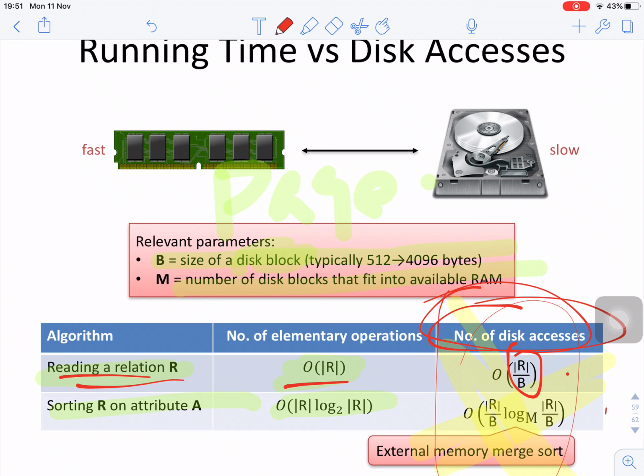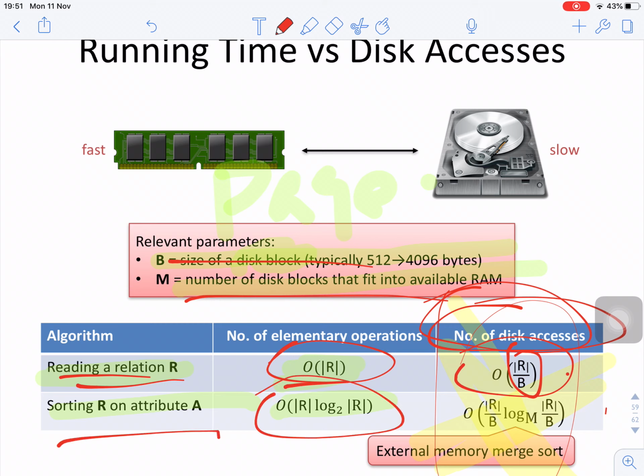B is the size of one disk block, so the size of one disk block times the number of disk accesses is the number of tuples in R. Therefore this is big O of R divided by B. The sort algorithm on A should take R times log base 2 of R.